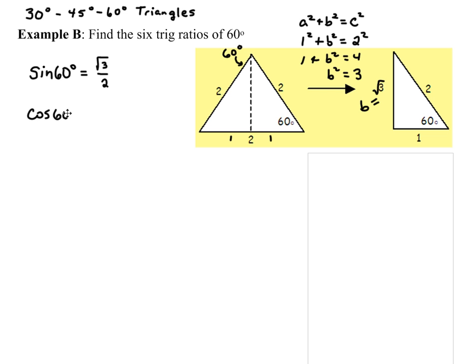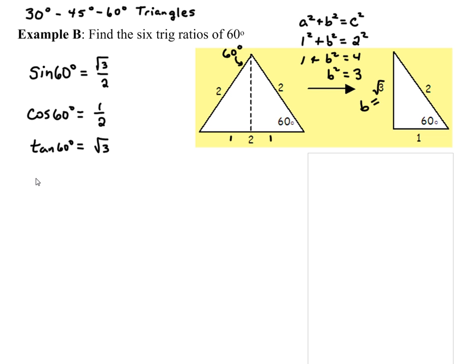Well, same kind of business. We can say that's equal to the adjacent over the hypotenuse, 1/2. And then for the tangent of 60 degrees, we're going to take our opposite over adjacent side, so that's going to be square root of 3 over 1, or just simply square root of 3.